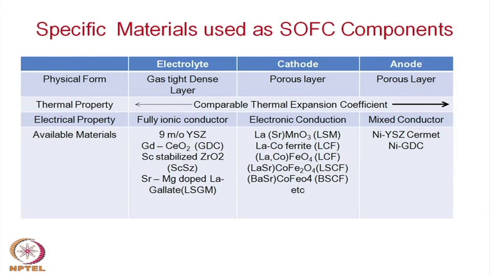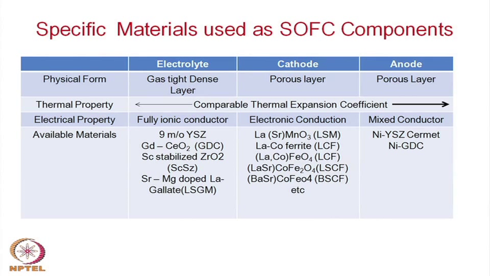Whenever there is thermal cycling from room temperature to high temperature or back, there will be a problem of cracking. There are many other criteria actually. For example, thermal expansion is one of them, but the materials must also be chosen in such a way that there is no high temperature chemical reaction between these materials which are in contact with each other.